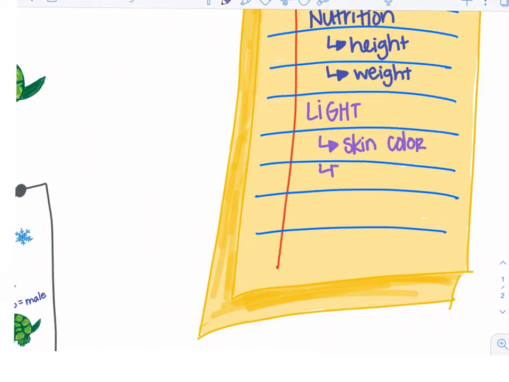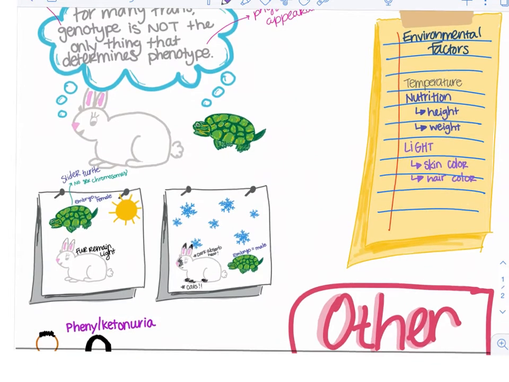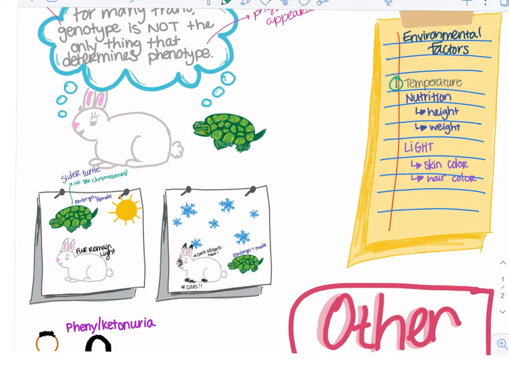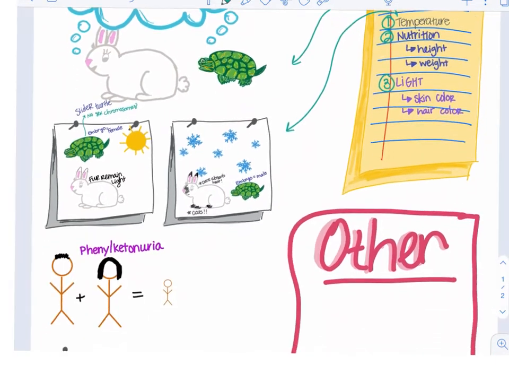Skin color, hair color as well is affected by light. We're numbering our list here. I drew examples of temperature over here instead of writing them on our list.